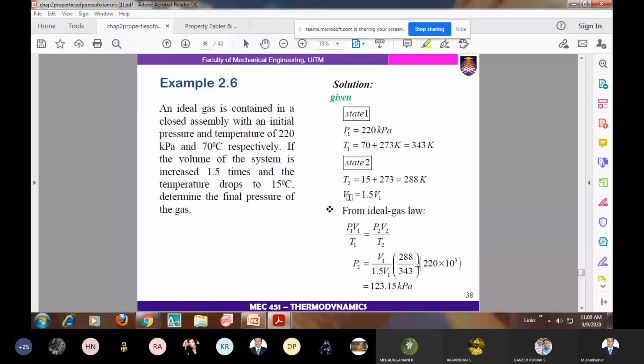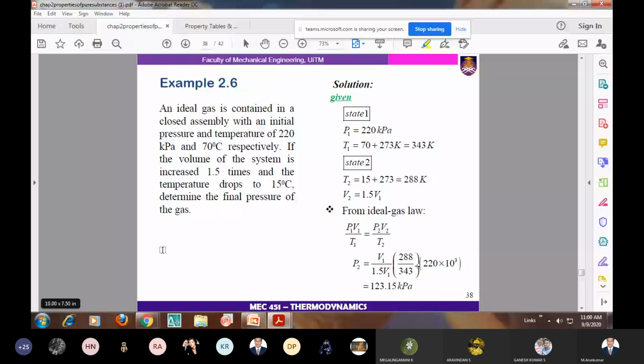So we can use the ideal gas law. PV by T is equal to constant. So we can use P1 V1 by T1 equal to P2 V2 by T2. You have to know the formula of the ideal gas law. It is PV equal to mRT. So we can neglect the R here.